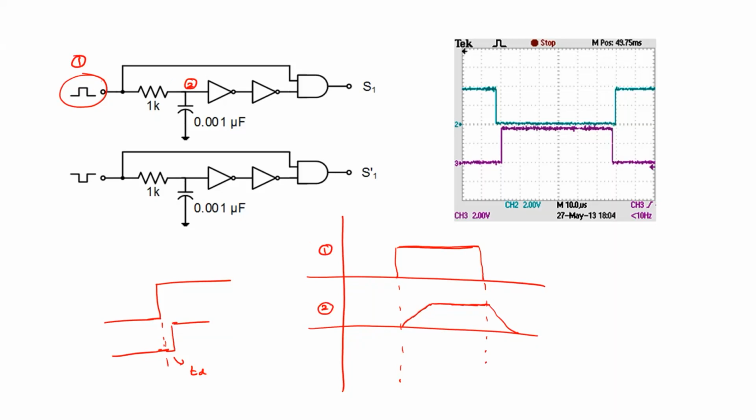But what we have to do is provide the time delay only for the rising edge, not for the falling edge. When you delay this, the rising edge is delayed and the falling edge is also delayed, right?